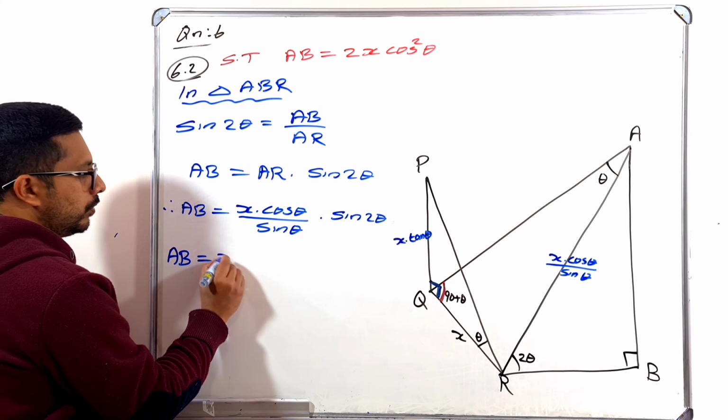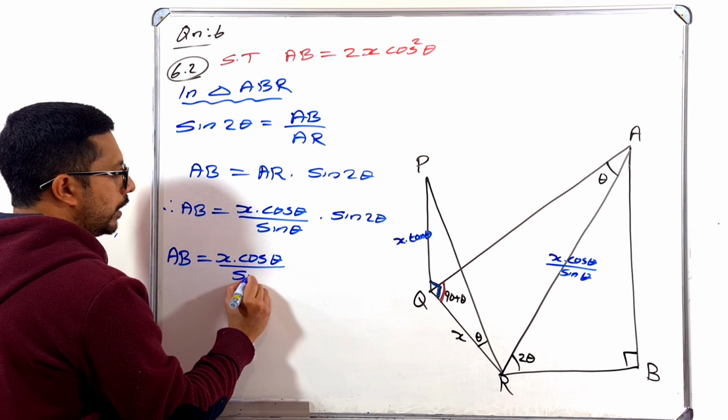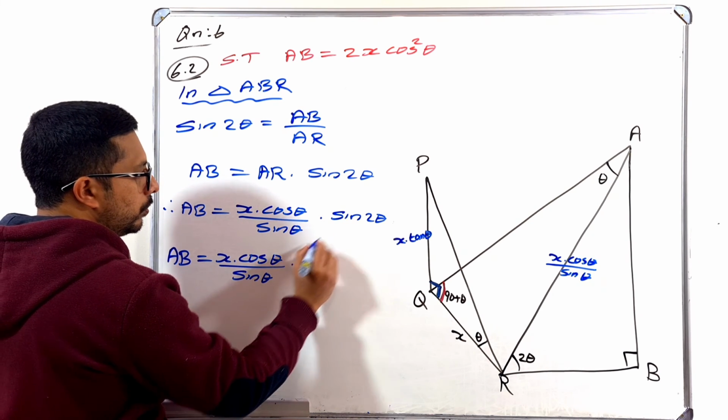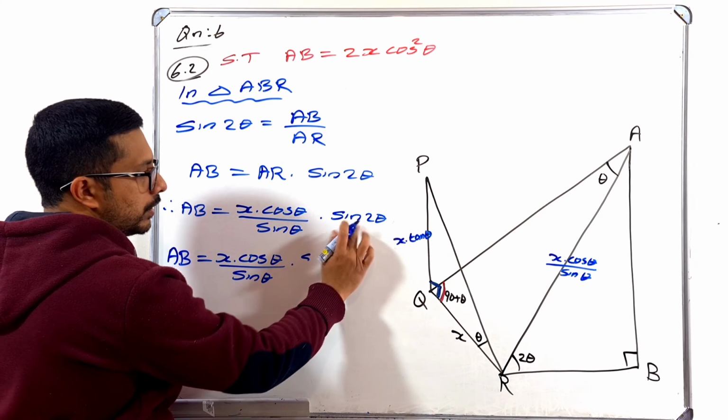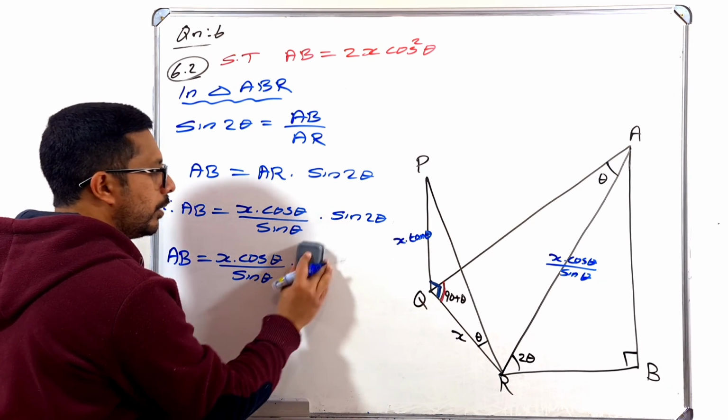AB is equal to x into cos theta divided by sine theta into this. Instead of this sine 2 theta, I am going to write 2 sine theta cos theta, that double angle expansion.